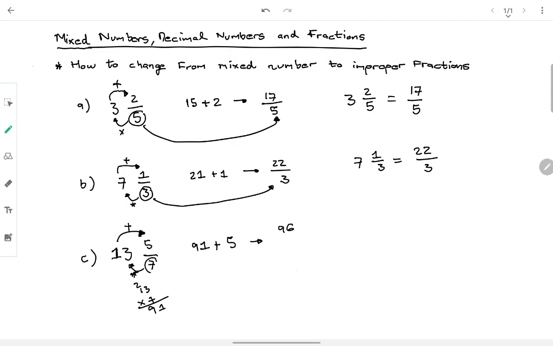And remember that we don't change the denominator. That will give us 96/7. We could represent 13 wholes 5/7 as 96/7. So this is how to change from a mixed number to an improper fraction.